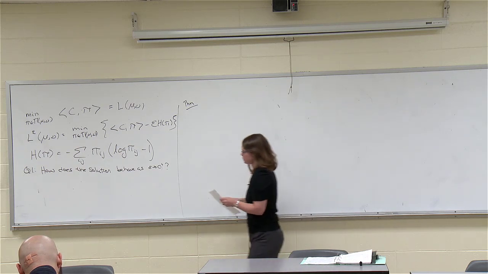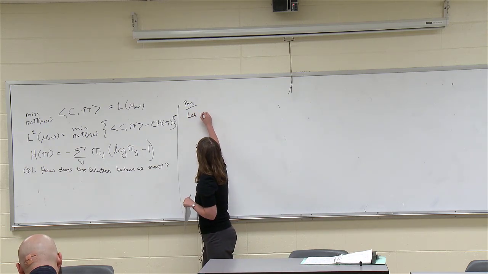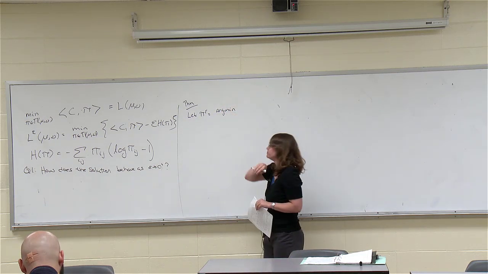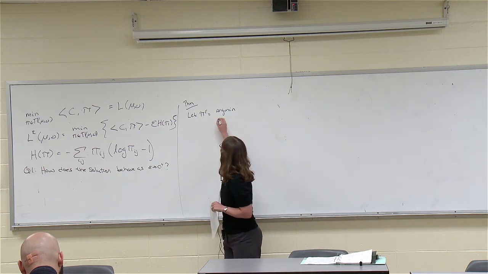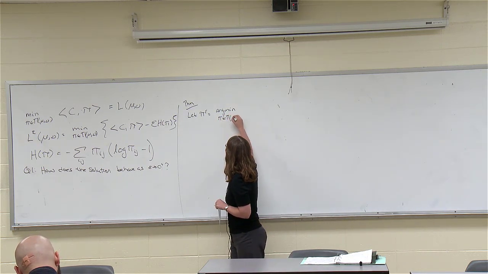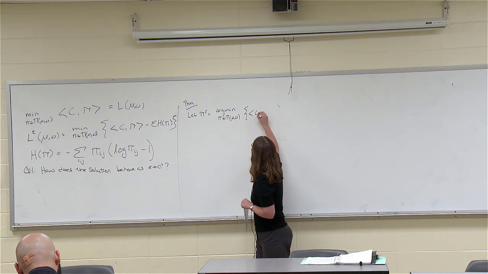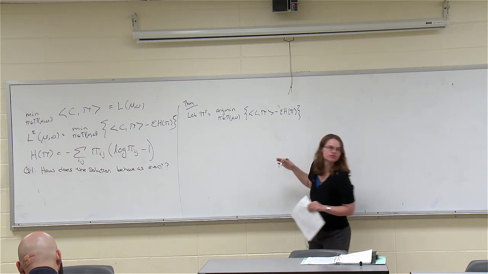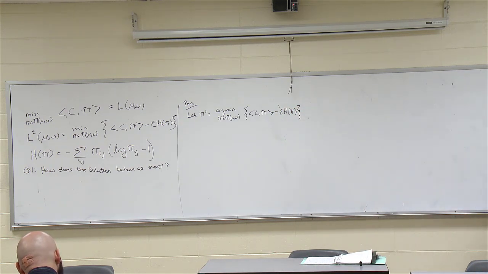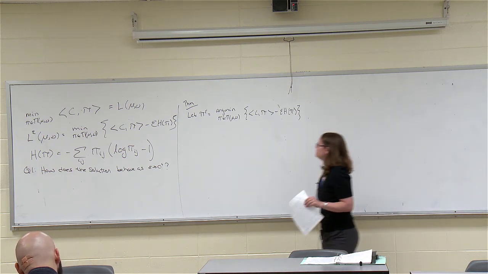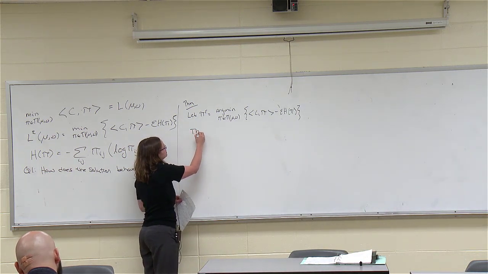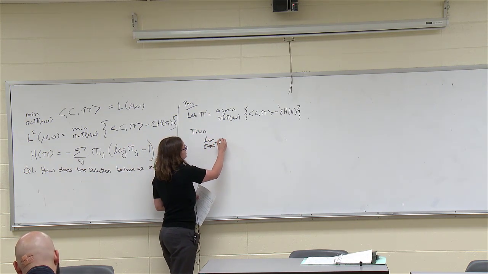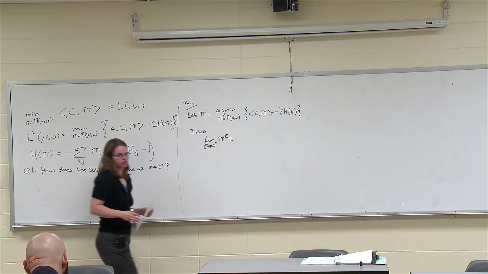Let pi epsilon be the minimizer of this regularized problem, and pi epsilon is uniquely defined, so this is a well-defined object. Then my claim is that as epsilon goes to 0, this thing is going to converge to a transport plan.